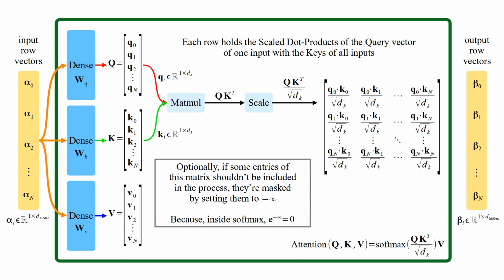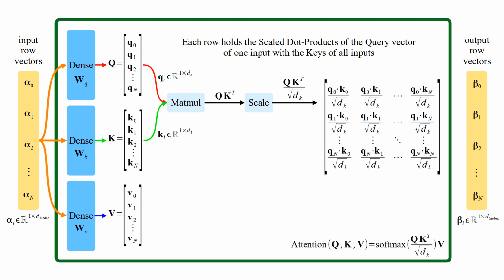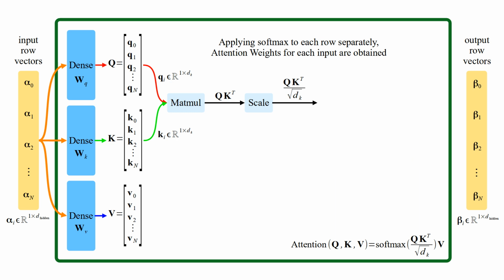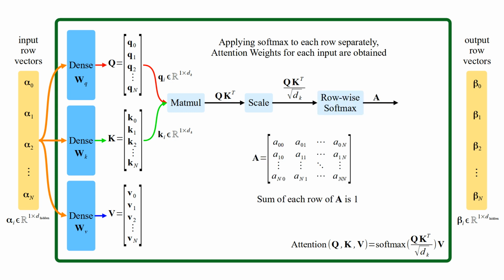This is the case in transformer decoder for NLP applications. Applying softmax to each row separately, attention weights for each input are obtained. Sum of each row is 1. So attention weights are not fixed or learned, they are computed for each input.